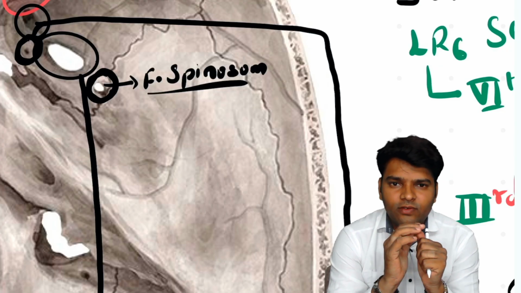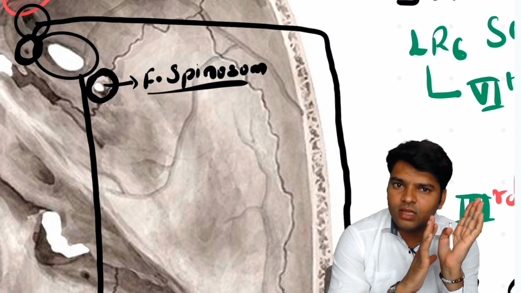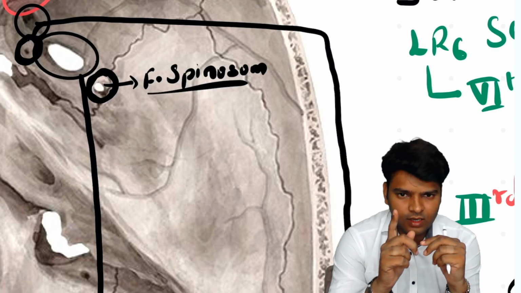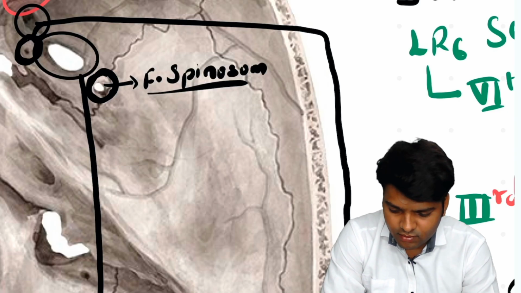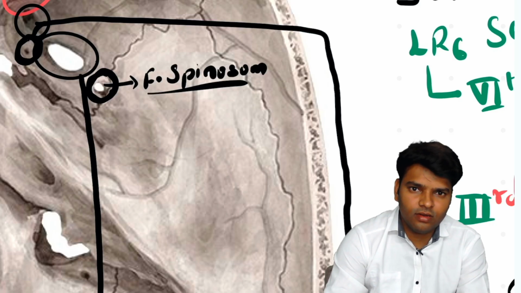I think it is a very funny way, but I want to tell you. Spinosum means the spinal cord for the what? Dura mater. Why am I saying this is the spinal cord for the dura mater?